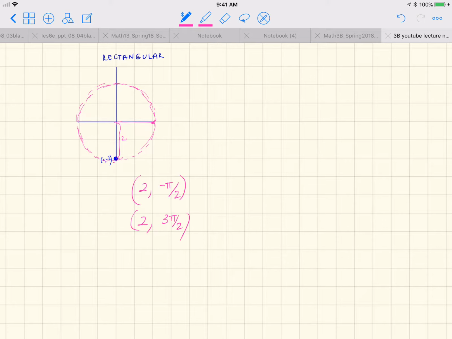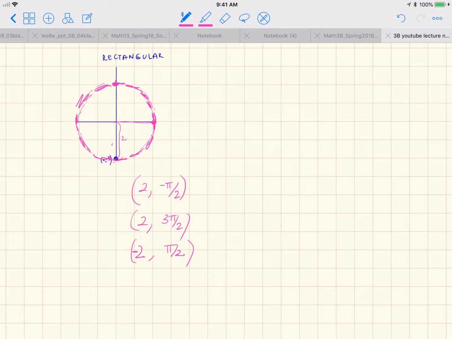I could also say go out to 2, go up pi over 2, and then flip. So that would be negative 2, comma, pi over 2. And now that I think about it, I could say go out to 2, go down 3 pi over 2, and then flip.